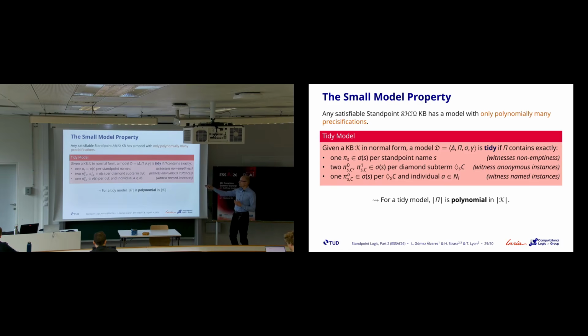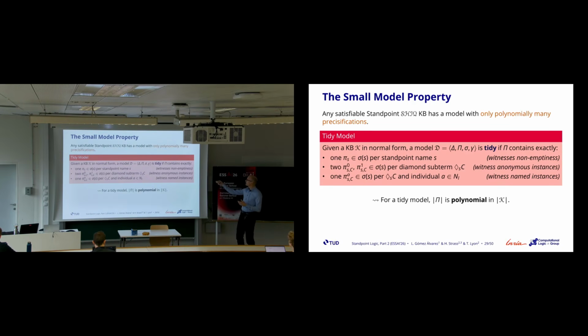Right? So this model is a description logic standpoint structure. We have our description logic domain, our set of individuals, which is shared across the precisifications in pi. We have our usual function assigning precisifications to standpoint names and the function assigning description logic interpretations to precisifications. And then they say such a model for a knowledge base in normal form is tidy if the following conditions hold.